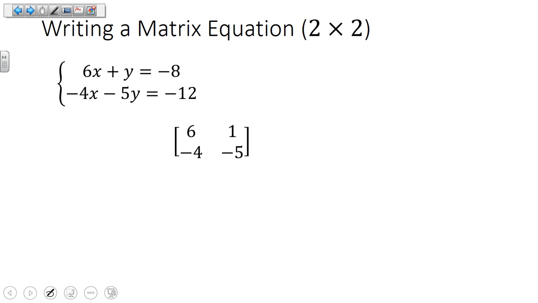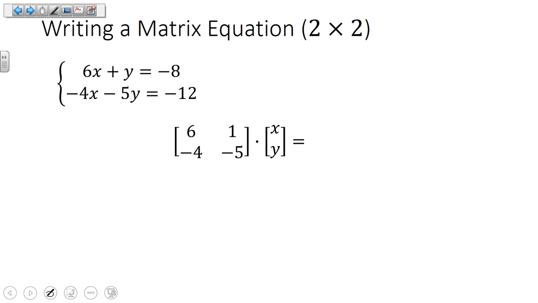Now that gets multiplied by our x and y laid out as a column. The x and the y become a 2 by 1 matrix, where it's in a column rather than in a row. And that makes sense when you think about what sizes we could multiply this 2 by 2 matrix by.